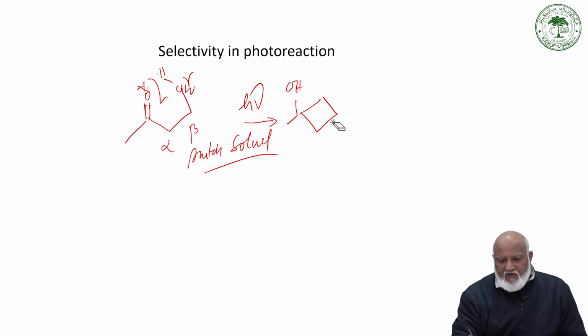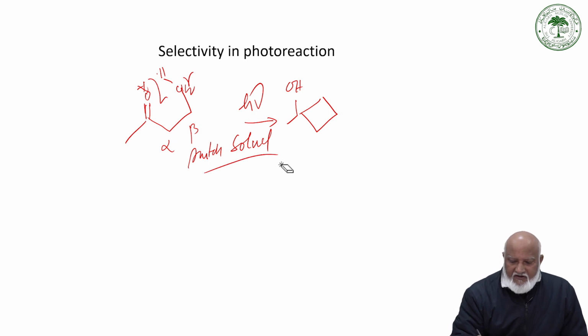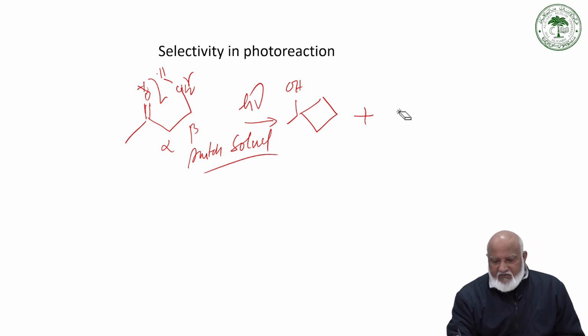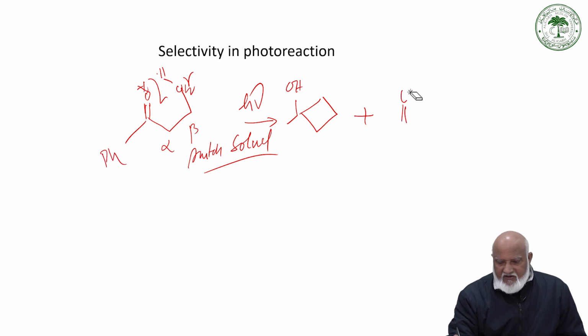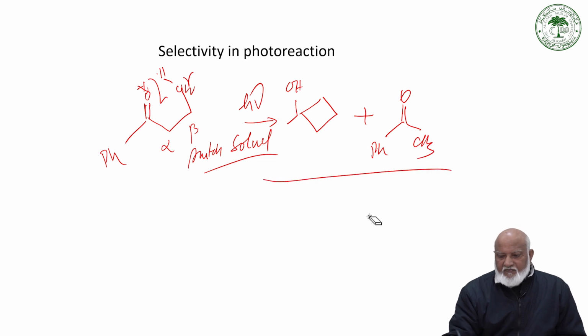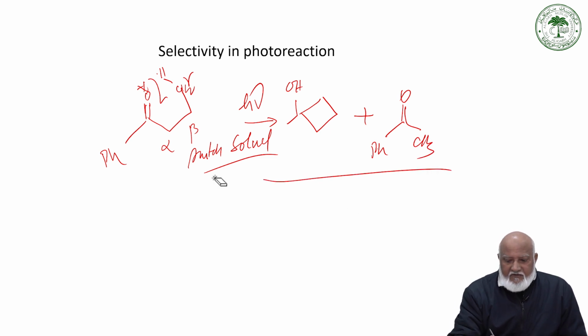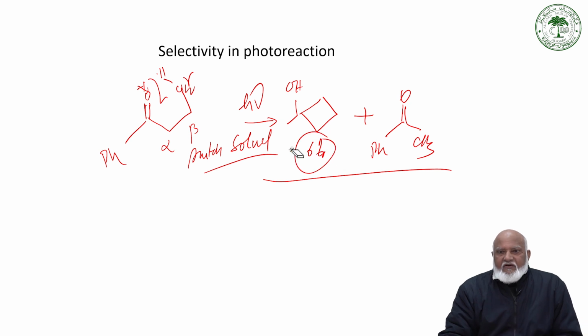Plus, we also get, for example, PhCH3. So in the normal solvent, the percentage of this more important product is only 6%.